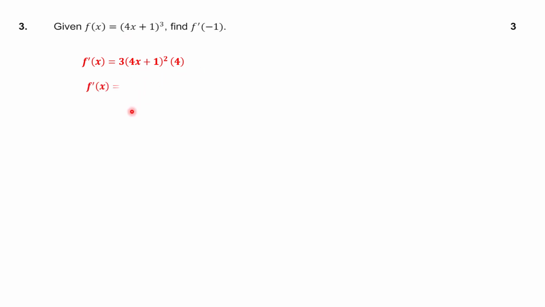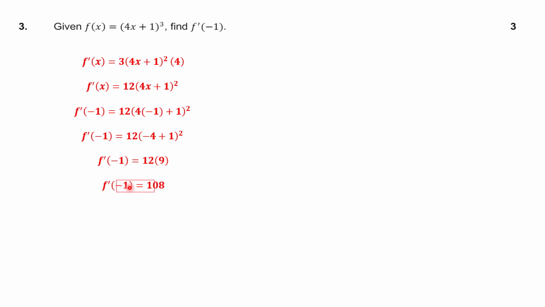Tidy this up, you get 12 times this bracket squared, and then you want to find f dash of minus 1, so you just put x equal to minus 1 here. So this becomes 4 times minus 1 is minus 4, plus 1, and then this bracket is minus 3, all squared is 9, so it's going to be 12 times 9. The answer is 108, and that's worth 3 marks.